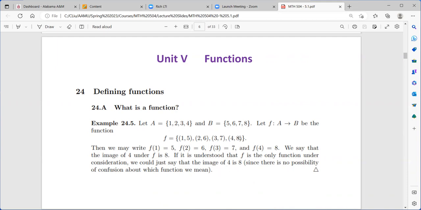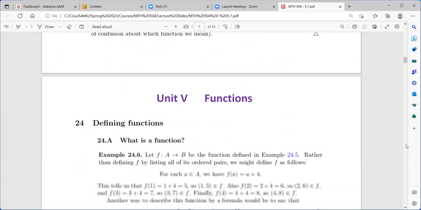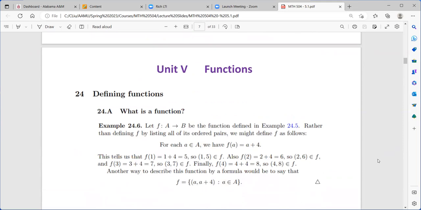The image of 4 is 8, and we know we're talking about this function, so we don't have to specify that we're talking about the function f. Okay. So this is another example of a function f from set A to set B. One example before.